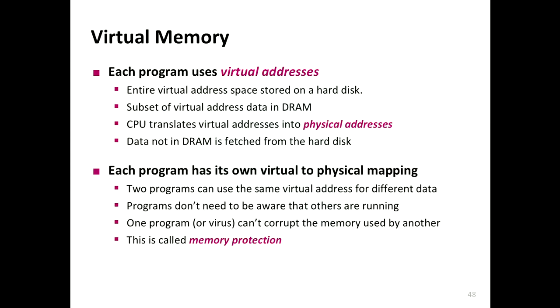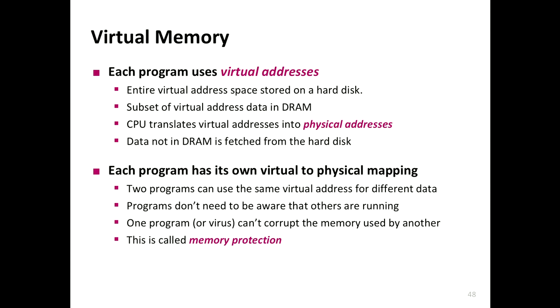I don't have to tell you what a hard disk is. Basically, you have multiple programs running in your system, and each of these programs uses what you call a virtual address.